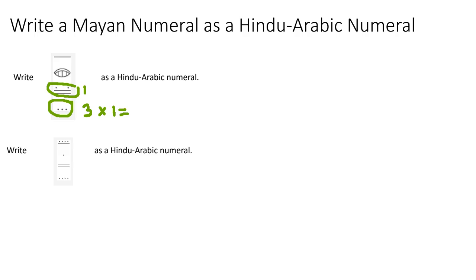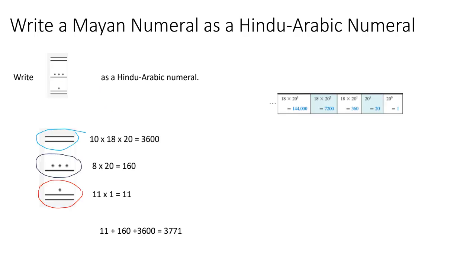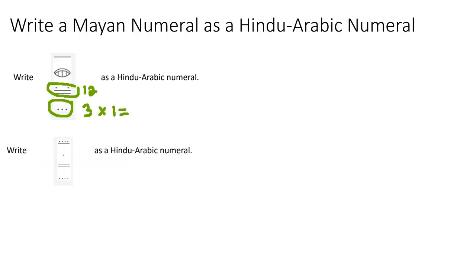Okay, and so remember the next group is going to be 20. So we're going to say times 20. And then this represents 0, and that's in the next group, so that's times 18 times 20.